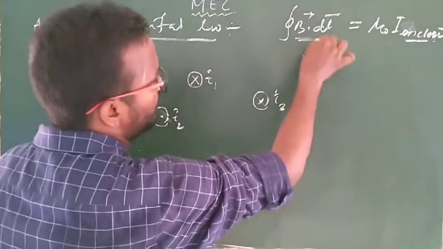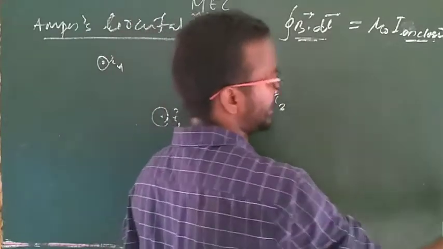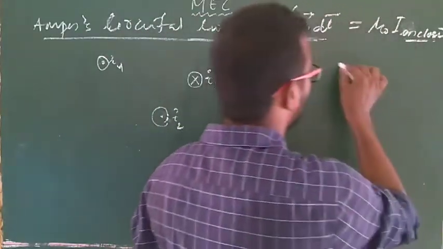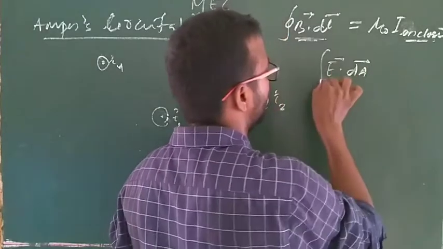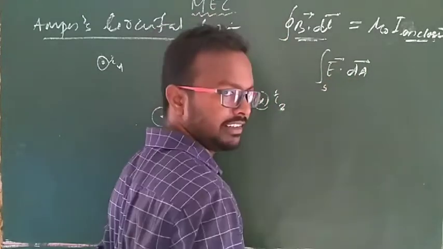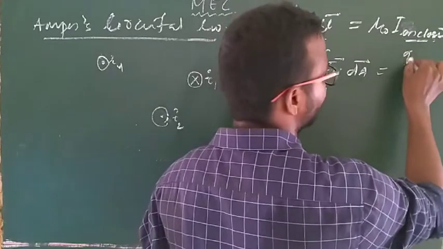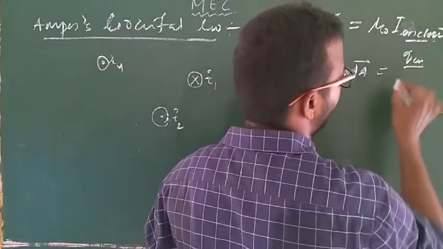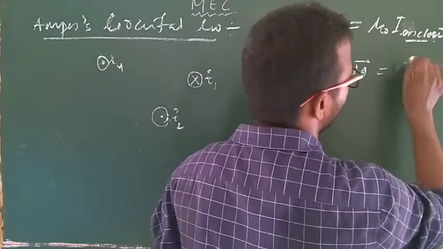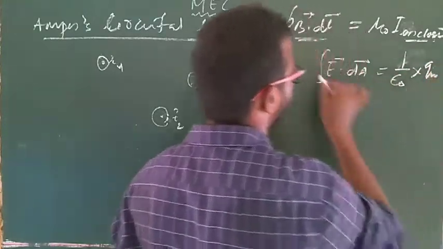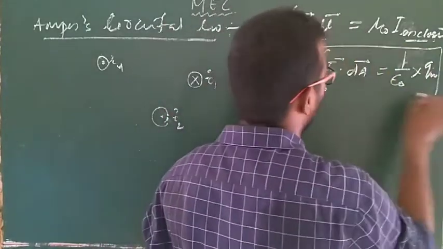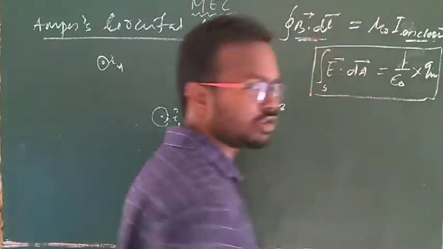We know from electric field what is Gauss law. Gauss law means the surface integral of E dot dA is equal to Q enclosed, that is 1 by epsilon naught times Q inside. This is Gauss law in electrostatics.